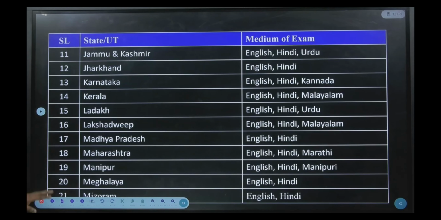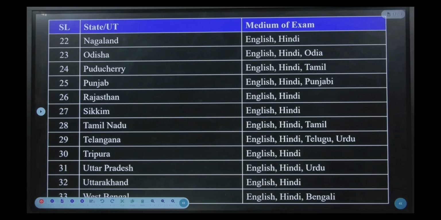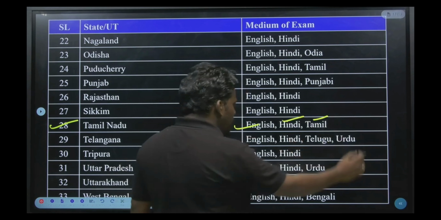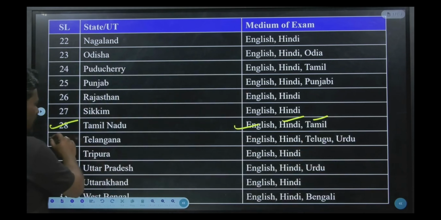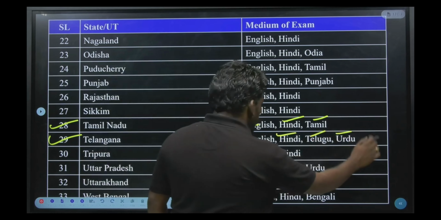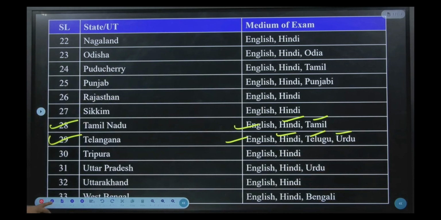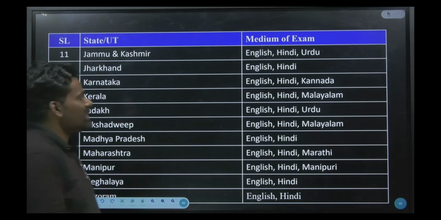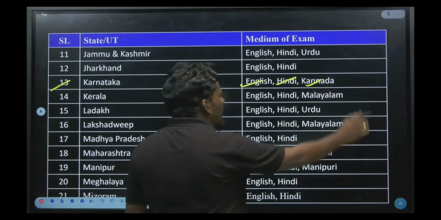Okay, so all the 33 states and union territories languages have been given, or medium of examination is given. If you are from Tamil Nadu, you can write examination in English, Hindi, Tamil. If you are from Telangana, you can write the examination in English, Hindi, Telugu, Urdu. If you are from Karnataka, you can write the examination in English, Hindi and Kannada.